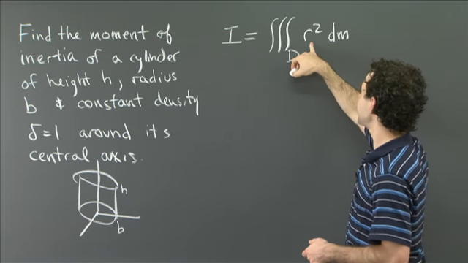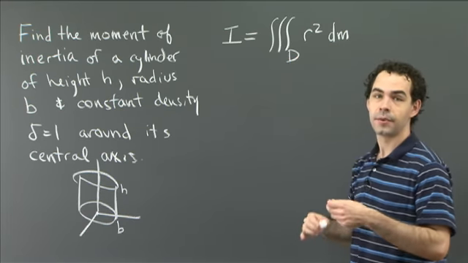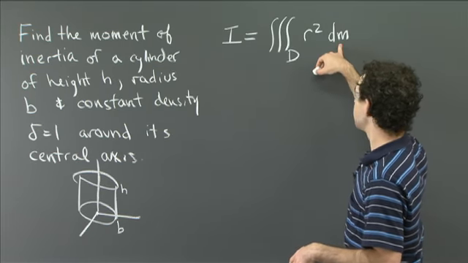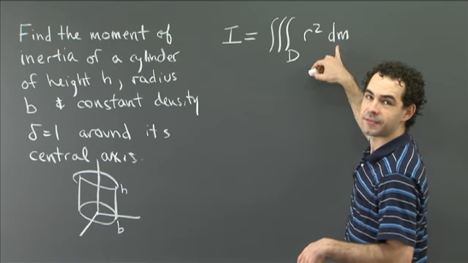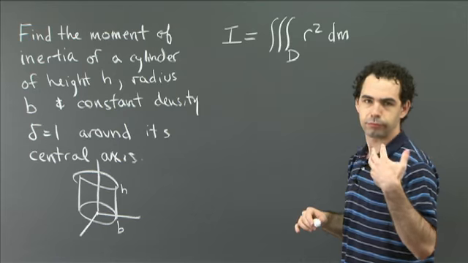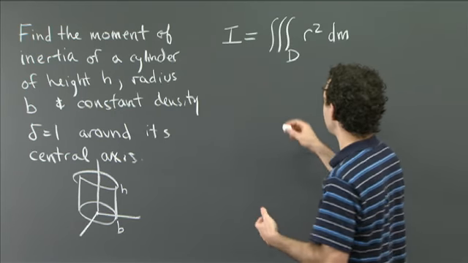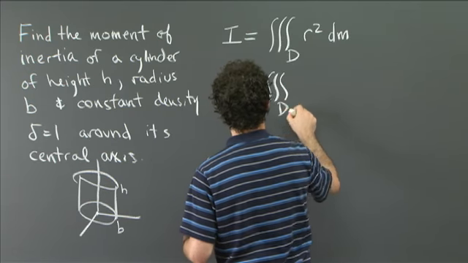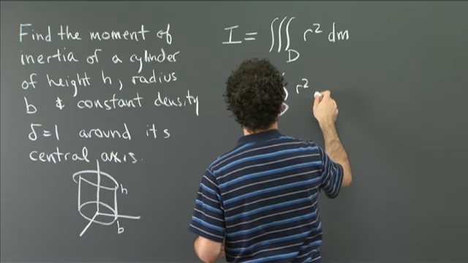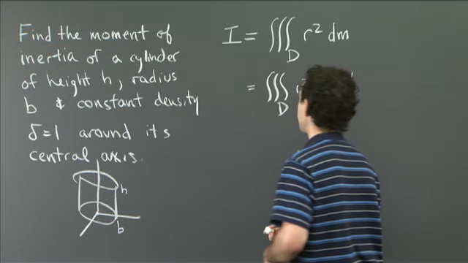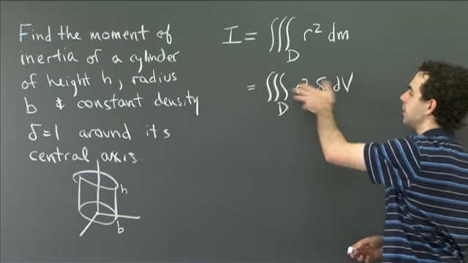Okay, so r squared here, this is the distance from the axis around which you're computing the moment of inertia. And in any case, this little element of mass is density times a little element of volume. So we can also write this as the triple integral over our region of r squared times delta times dV. Okay, so this is what this is in general.